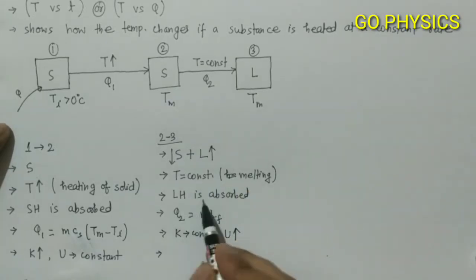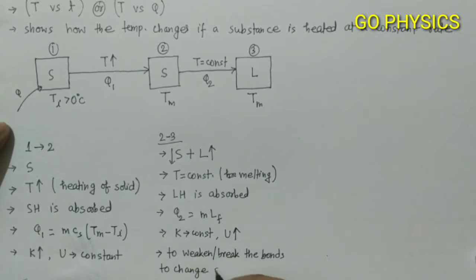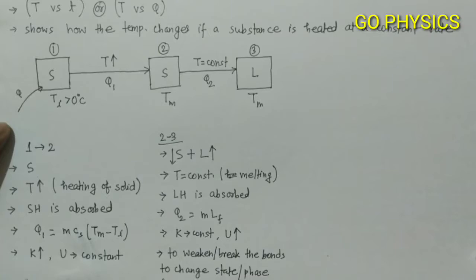So this latent heat is used to weaken or break the bonds, to change state or phase from solid to liquid.